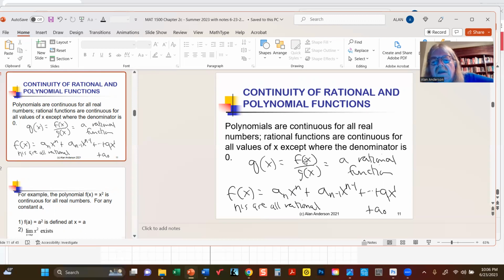So it turns out both of these are guaranteed to be continuous unless, in the first case, we have division by 0.